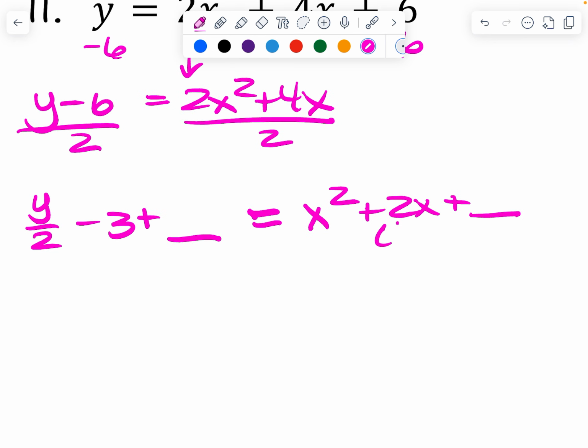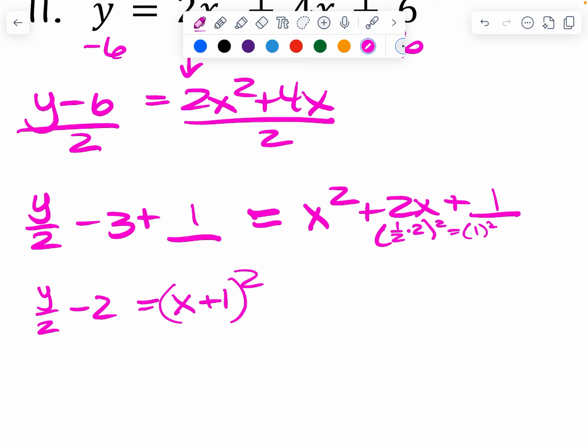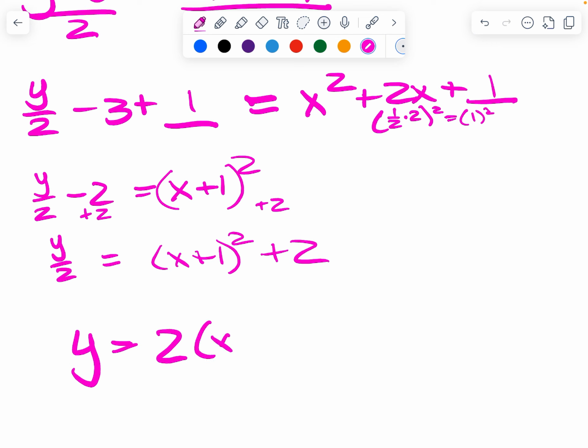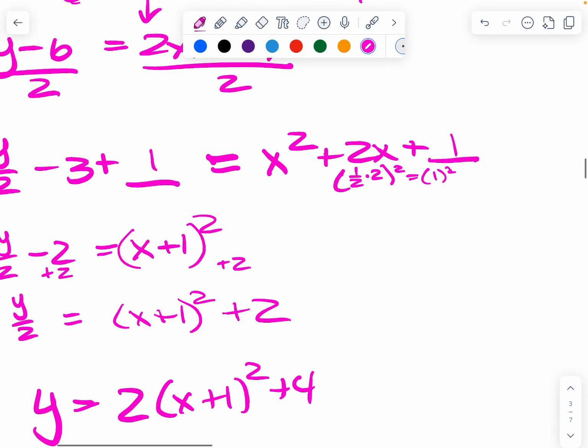I take half of the middle term and square it, so that will get me 1 squared, so I'm adding 1 to both sides. So I get y over 2 minus 2 equals x plus 1 all squared. And then, oops, sorry, add 2 to both sides and get x plus 1 all squared plus 2. Then I don't like that division of 2. So y equals 2 parenthesis x plus 1 all squared plus 4, because I multiplied everything by 2.